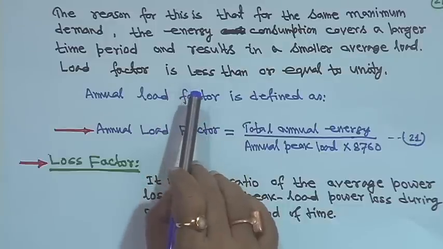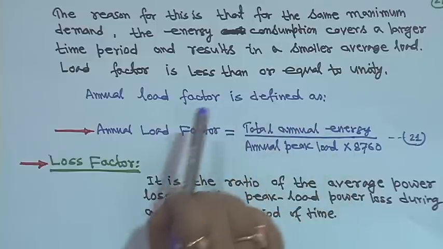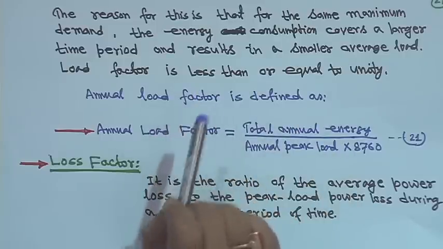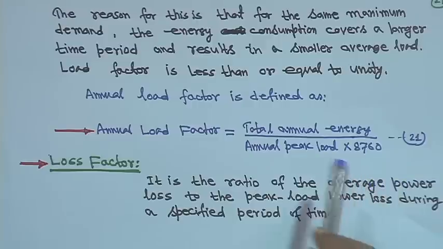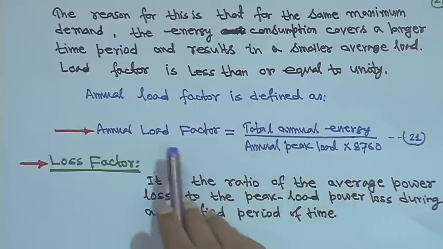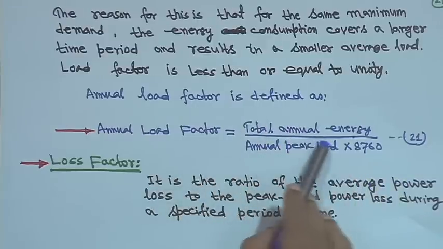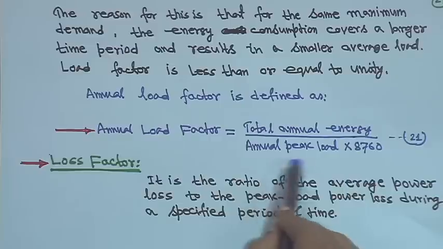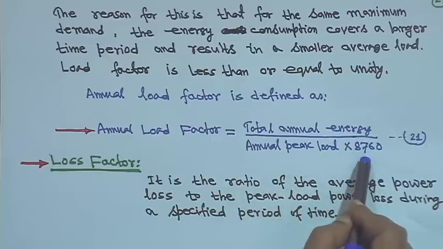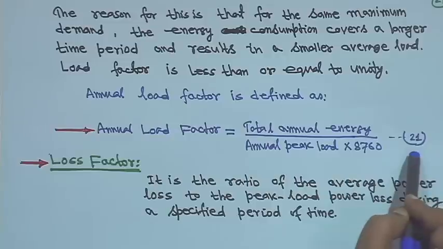So, load factor is less than or equal to unity, generally less than 1. Annual load factor can be defined as total annual energy divided by annual peak load into 8760, the number of hours in a year. This is equation 21.